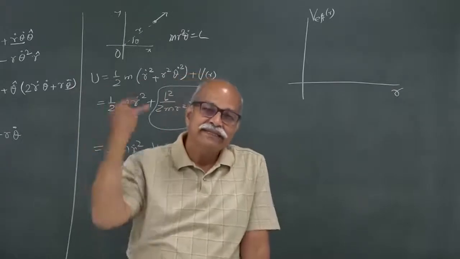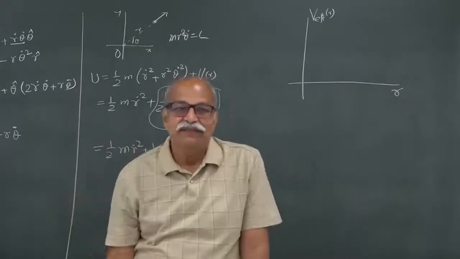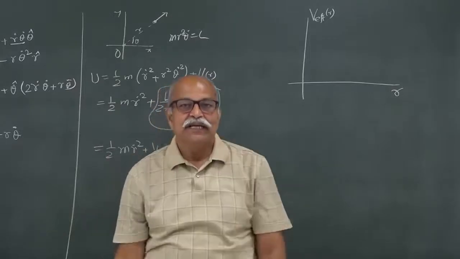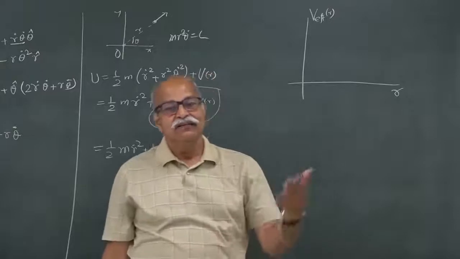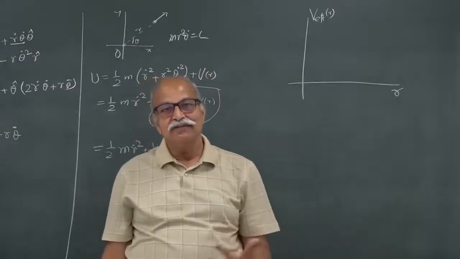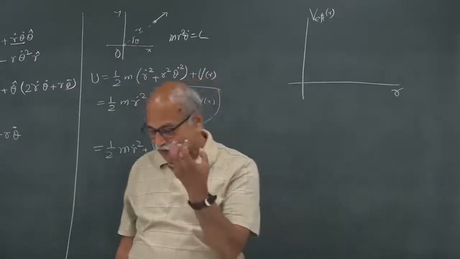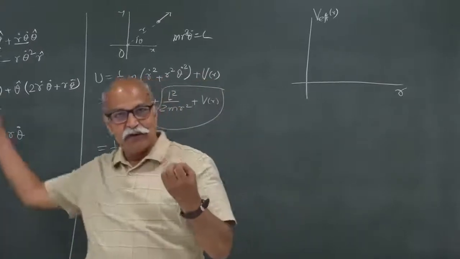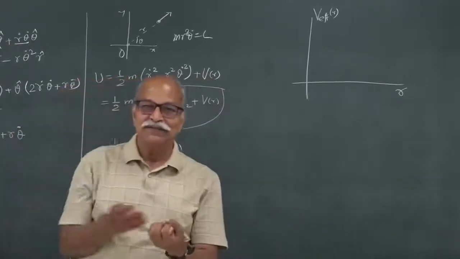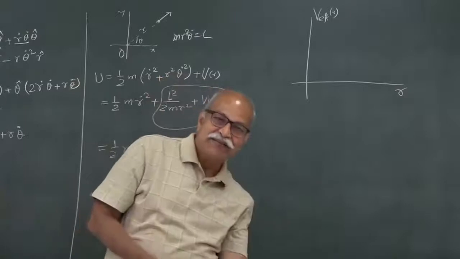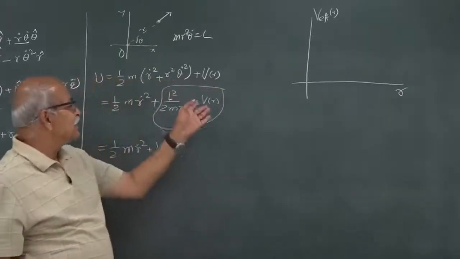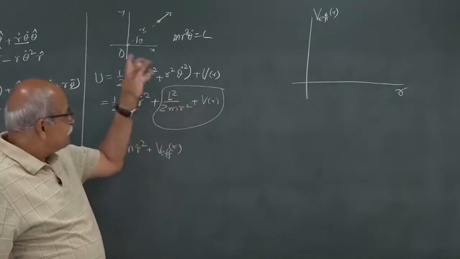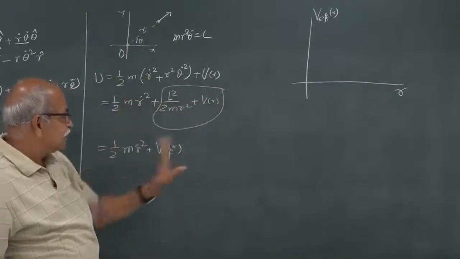You have the planetary system, sun, earth, sun, Jupiter, and all those things which can be fairly well approximated by this inverse square attractive force. You can have a nucleus and then bombard electrons and see how that electron beam is deflected by this positive nucleus. All those things can be fairly well understood using all this analysis.